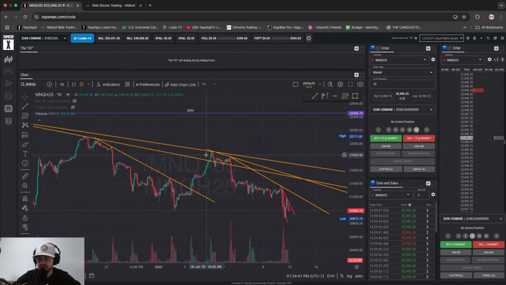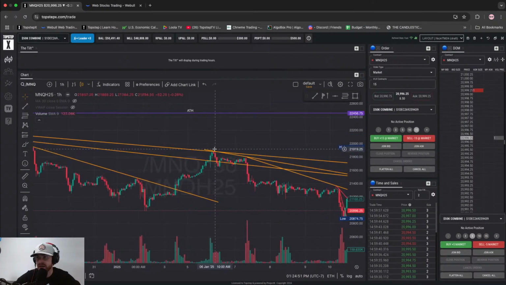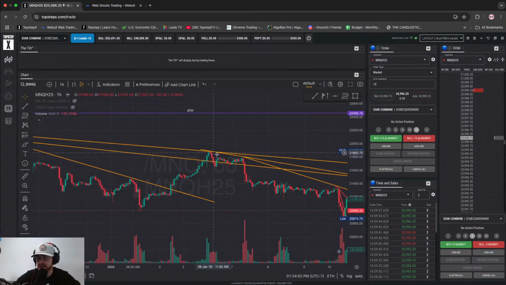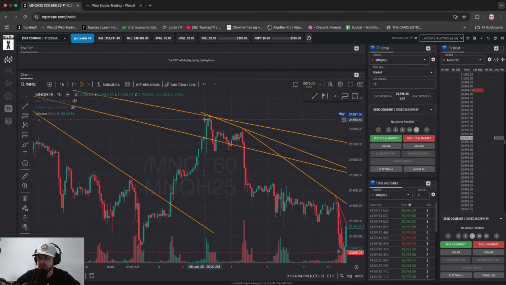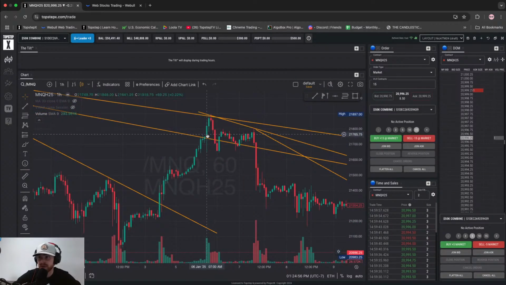And then on the other side of that, after you've identified this first one and said, okay, we broke it, once it respected the trend line on the upside, we didn't break through, we got a nice little rejection candle there on the hourly. It almost certainly is going to come right back down to this one, and it did. It came straight down to it, came up, and even retested it.